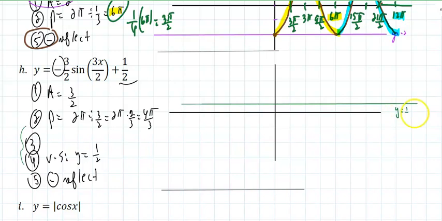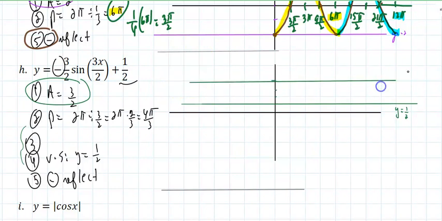Then after I label that clearly, I go up 1.5. If I am at 0.5 and I go 1.5 up, now I'm at 2. And if I am at 0.5 and I move 1.5 down, I am at y equal -1. I would label this clearly because this is a must.